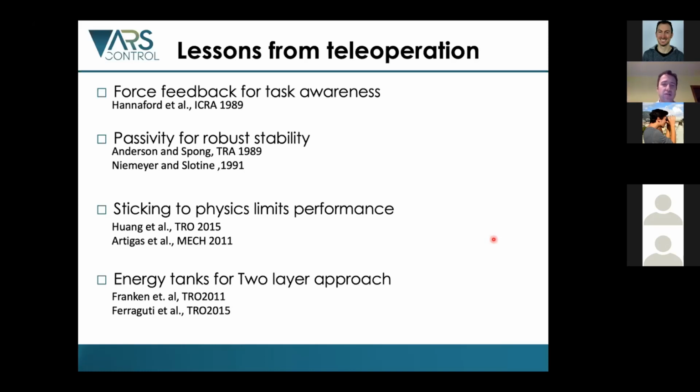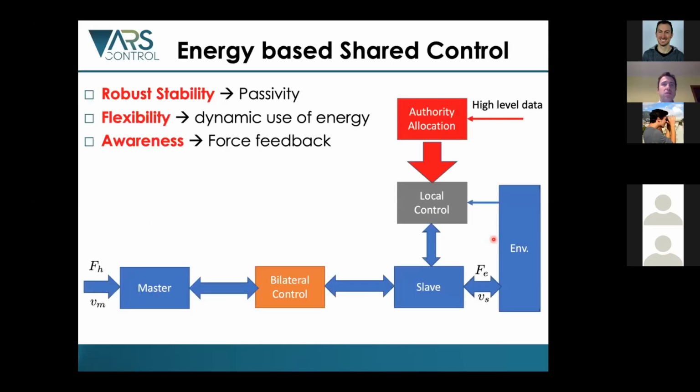So today I would like to show how to dynamically handle passivity in order to get something that is still robustly stable, but also flexible. This is the energy-based shared control architecture that we are proposing. In our view, shared control should be robustly stable.